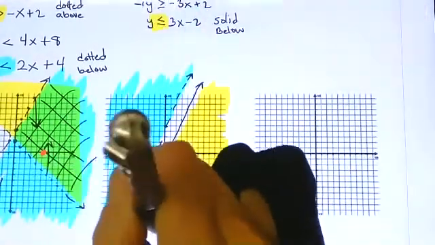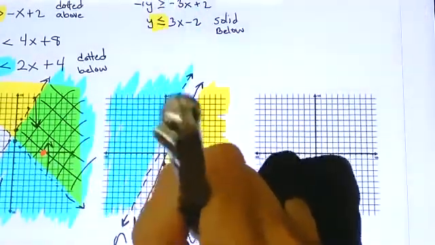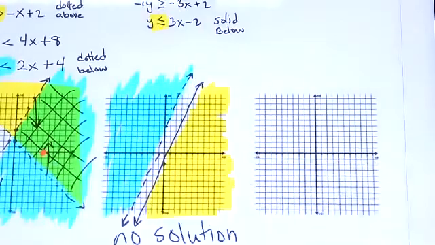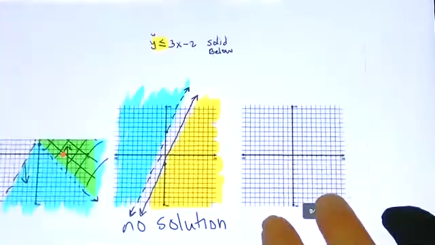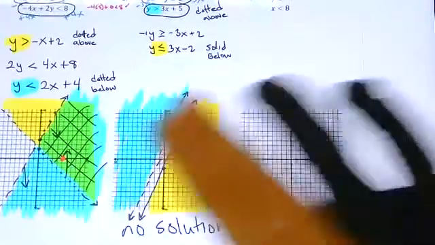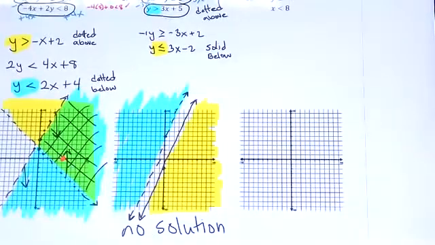There is no solution. The solution is where the shading overlaps. And if the lines are parallel, it is entirely possible that there is no solution. In other words, there is no point anywhere on this grid that will make both of those inequalities true at the same time. So that's just a special case.